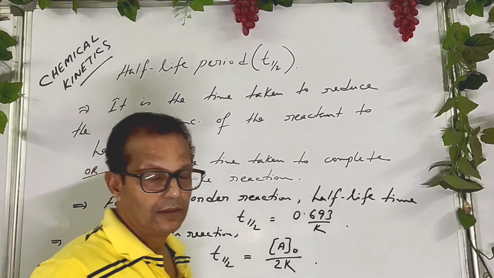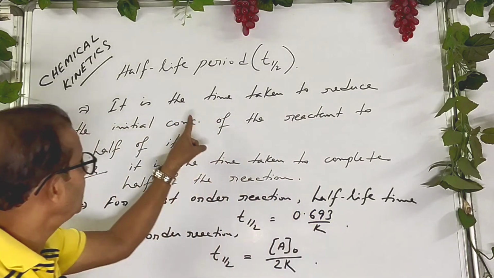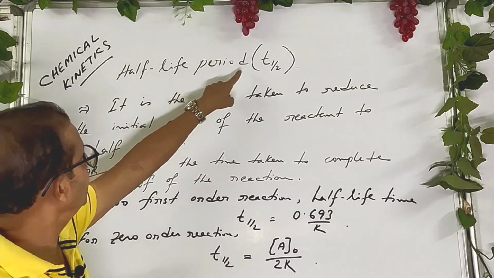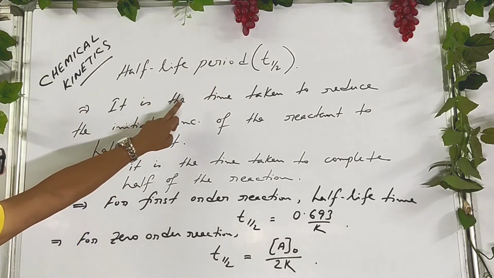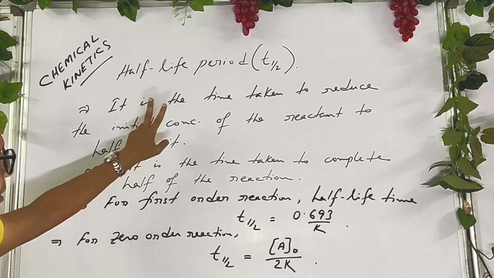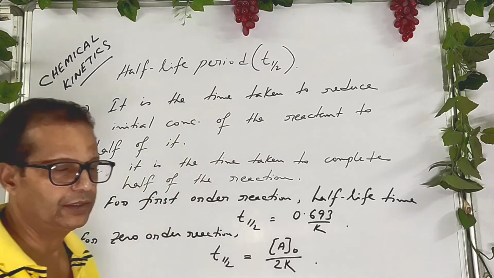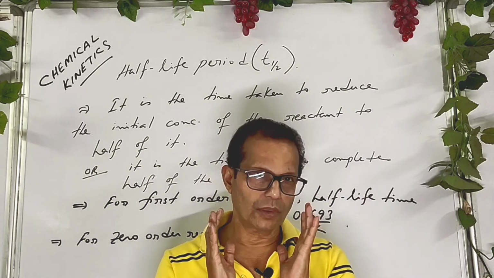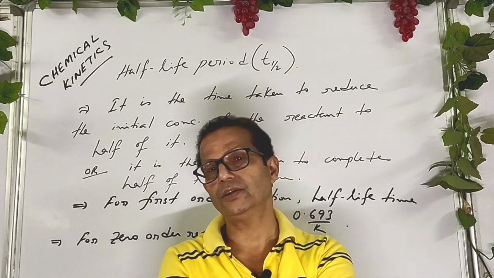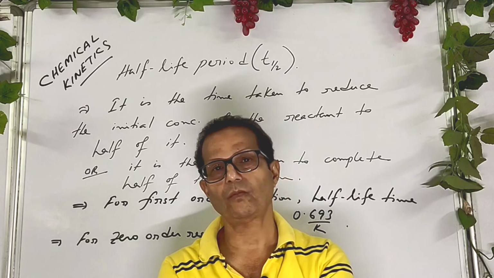So listen, the half-life period or time is the time taken to reduce the initial concentration of the reactant to half of it. For example, say the initial concentration of a reactant is 100 moles per liter.